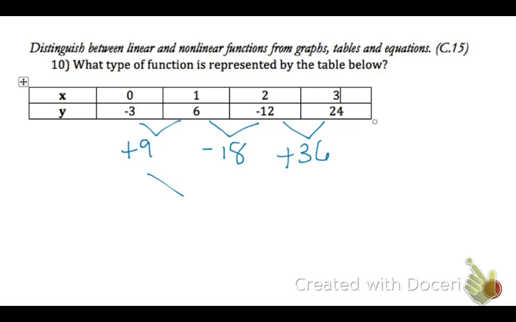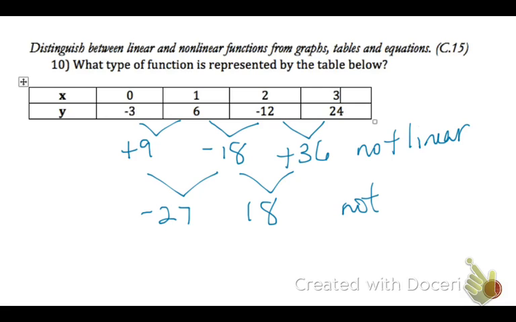So let's see if it's quadratic. Let's look at second differences. So negative 18 minus 9, so I have to subtract 27. All right, so that is not linear and not quadratic. So perhaps this is exponential. Let's look and see if we have a multiplier.